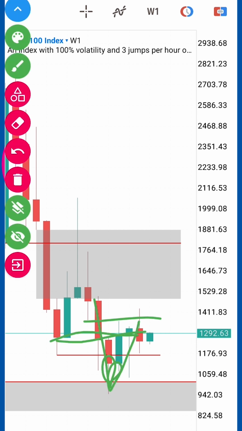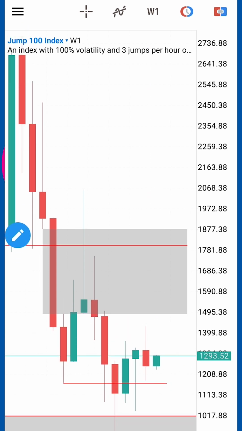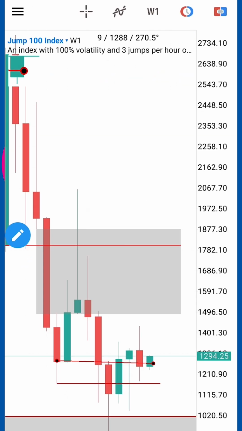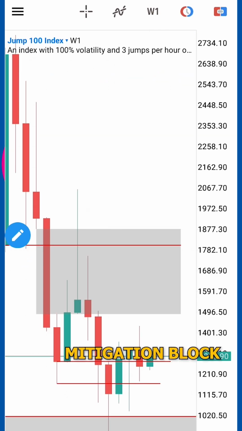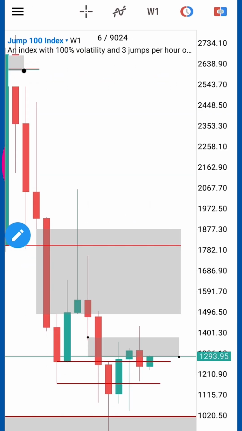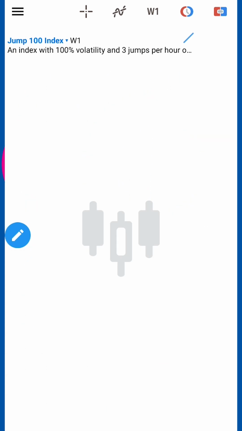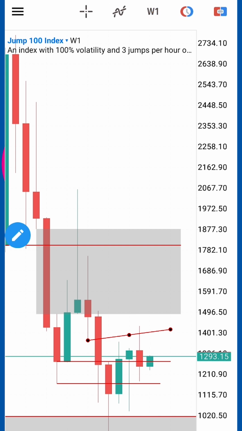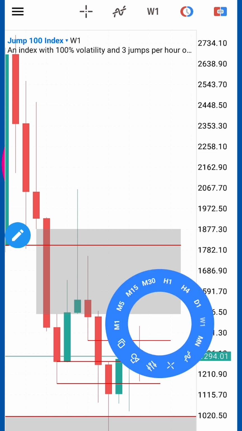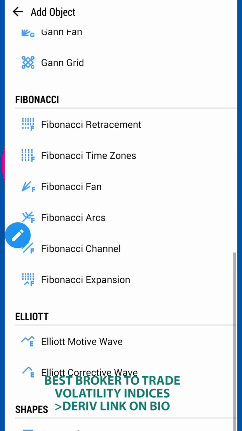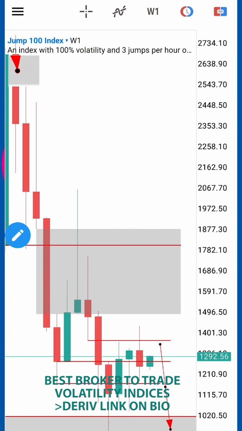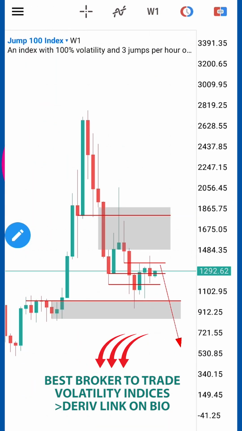And now when it went back up, you can tell that there was a mitigation block, a bearish one that it made there, and the fair value gap right above it, and price neatly rebalanced that fair value gap. So that's the brief analysis on the weekly. We think that price, after it fills the fair value gap, has to drop down to reach into that sell side liquidity.